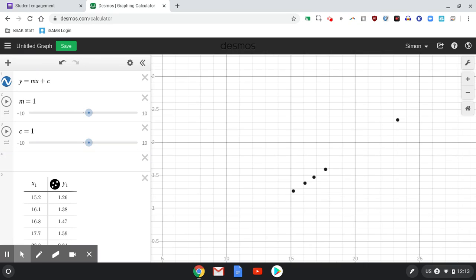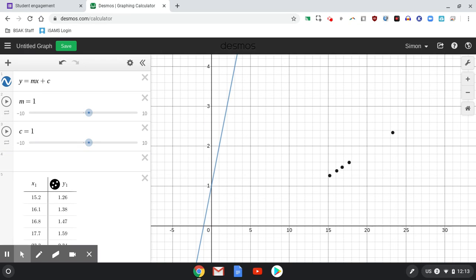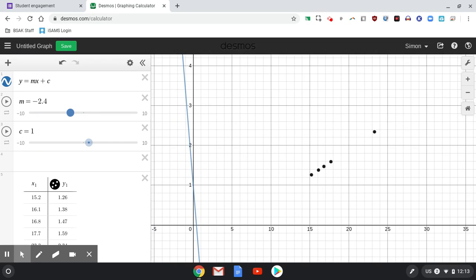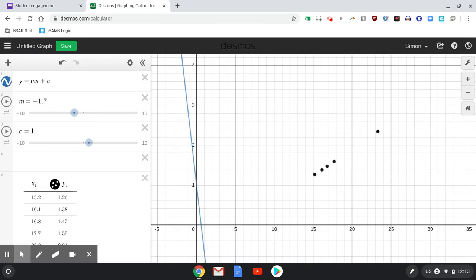Right, where's that line? I've just zoomed out because it's going to be much easier to do this part. So we want a positive gradient for starters. Now can you see here the sensitivity on the m is not ideal.